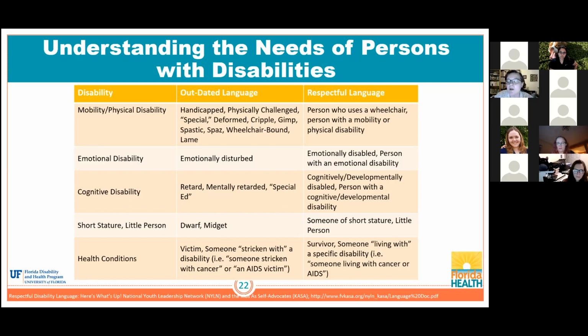This is much more empowering. Why? Because they are the agent of their story. They are the one driving their lives. They might have something, but it is not defining them in the same way that being a victim of something is. And so that's why we want to move towards survivorship language. So living with, just something you have rather than something tragic.